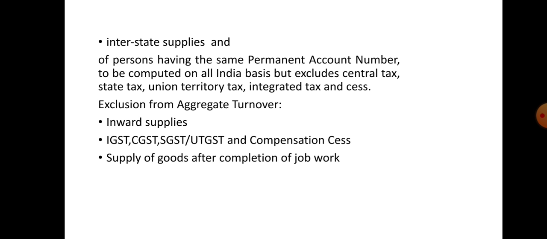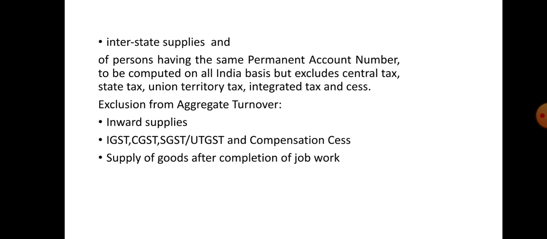Those are any inward supplies, any supply that is in the receipt of the supplier. And any dues of taxes like IGST, CGST, SGST, UTGST, and any compensation cess, if it is due or paid. These taxes are not considered at the time of computing the aggregate turnover.